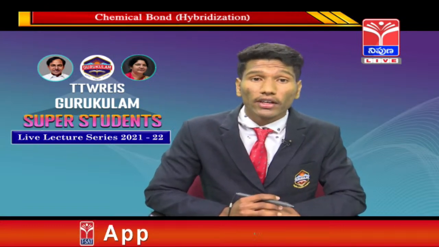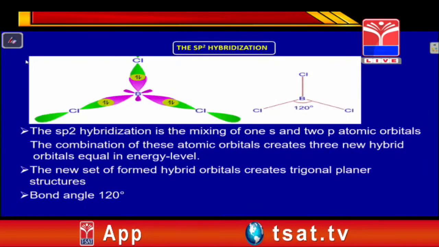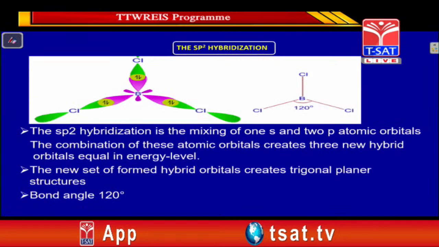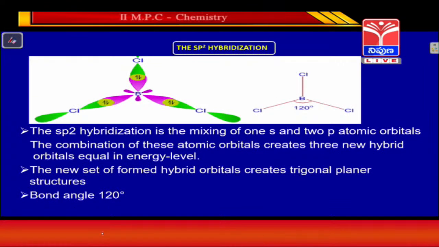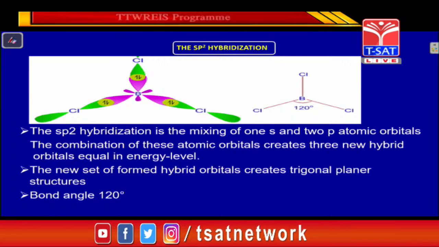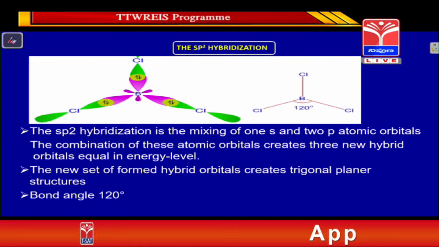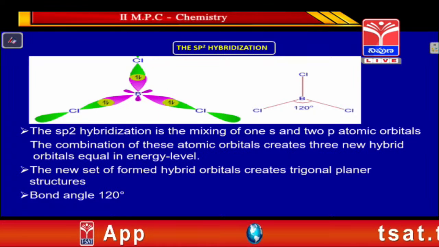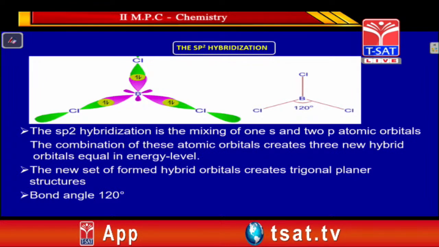The sp2 hybridization is the mixing of one s orbital and two p orbitals. The combination of these atomic orbitals creates three new hybrid orbitals of equal energy. The new set of hybrid orbitals forms a trigonal planar shape. Bond angle is 120. So this is sp2 hybridization.